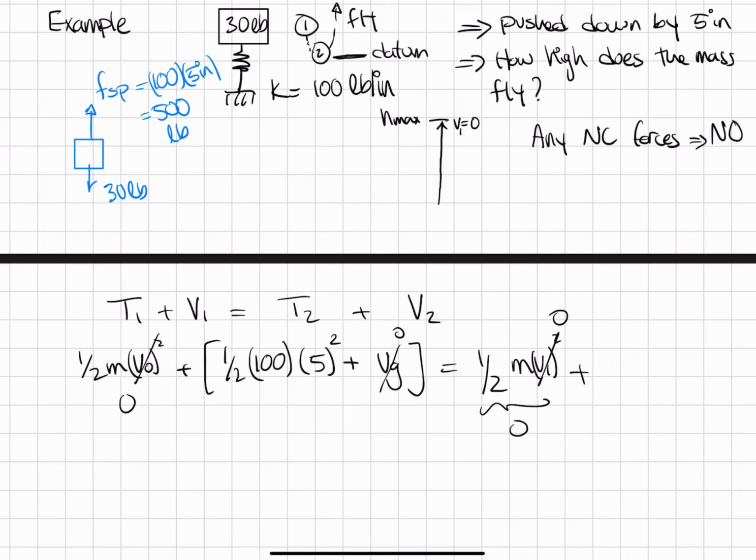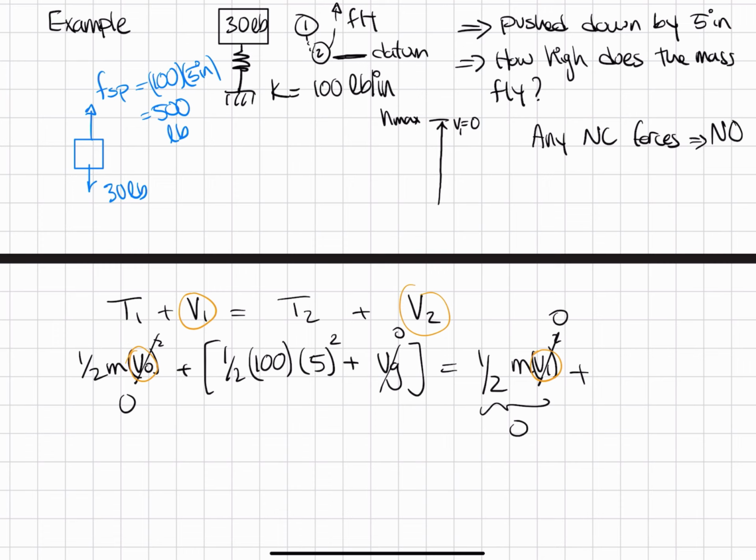We have a plus, so now we have to analyze V2. Oh, by the way, to avoid confusing you, these are capital V's and these are small v's. So don't confuse those two. These are velocities and potential energies. So they're two different things. Okay, so now we're looking at capital V2, which is the potential energy of the final state.